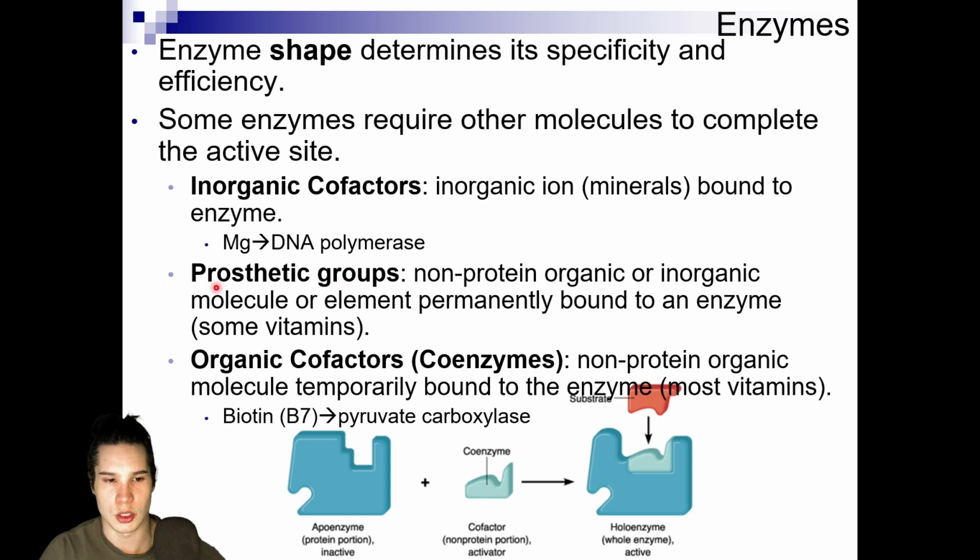Another term we need to know is prosthetic groups. So those are going to be non-protein organic or inorganic molecules or elements that permanently bind to an enzyme. So some vitamins are going to do this. An example of an inorganic prosthetic group would be something like iron, for example, which binds to a heme protein.